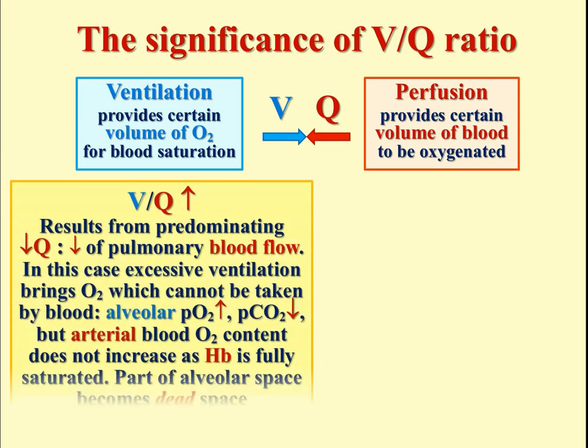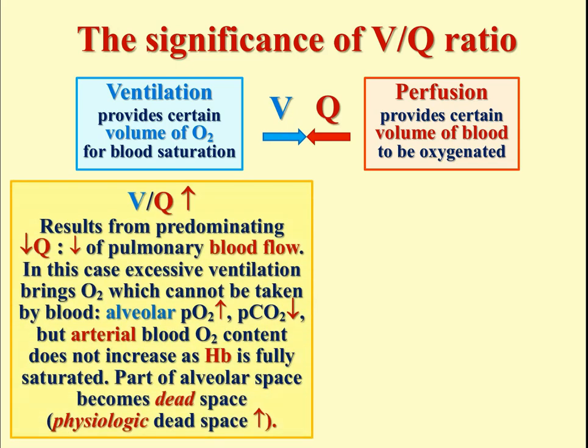And most widespread types of abnormal VQ ratio come because of decrease of something, like ventilation decrease or blood supply decrease. Let's consider first the case of higher ratio of ventilation perfusion. Usually it results from predominant decrease of blood supply. If perfusion decreases, ventilation appears to be higher than normal, so it brings more oxygen than can be bound by blood.